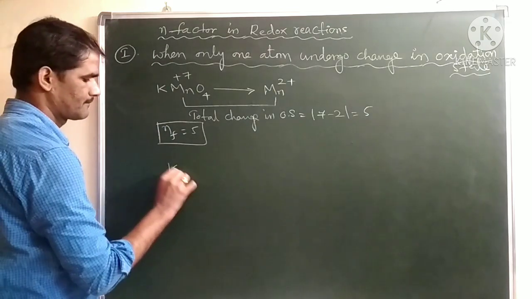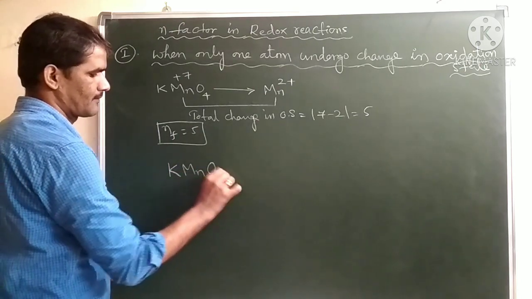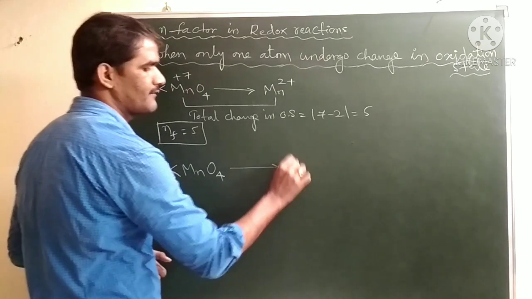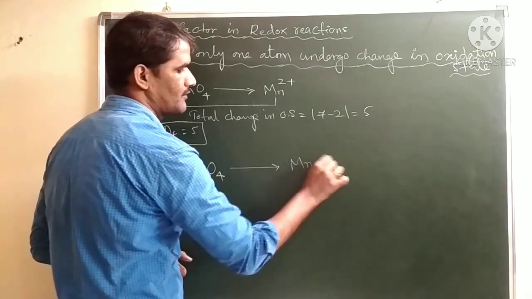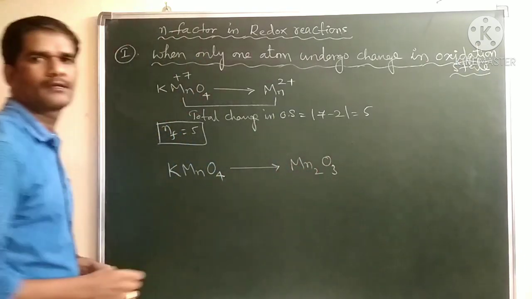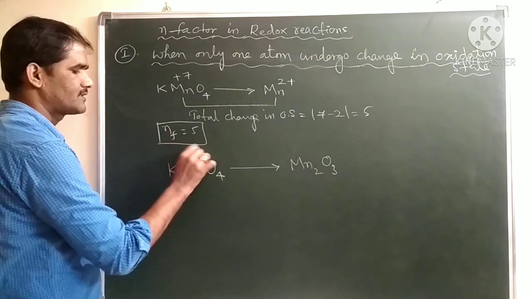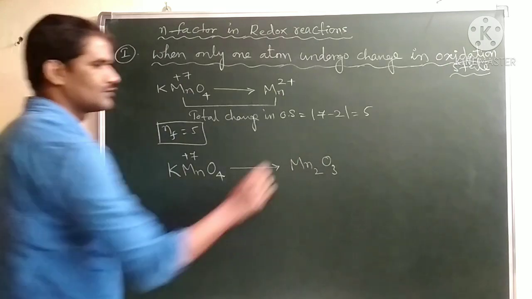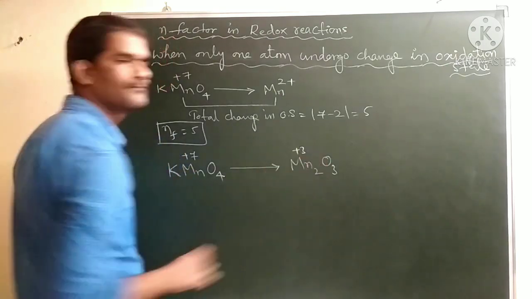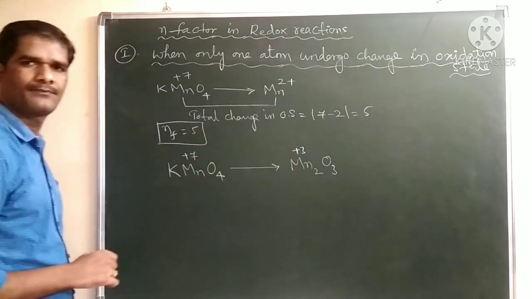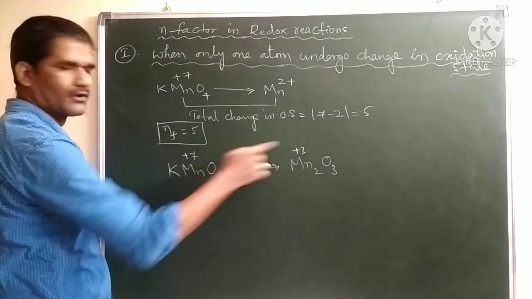Similarly, KMnO4 is giving Mn2O3. Here again manganese is changing from +7 to +3. So what is the change? 4.